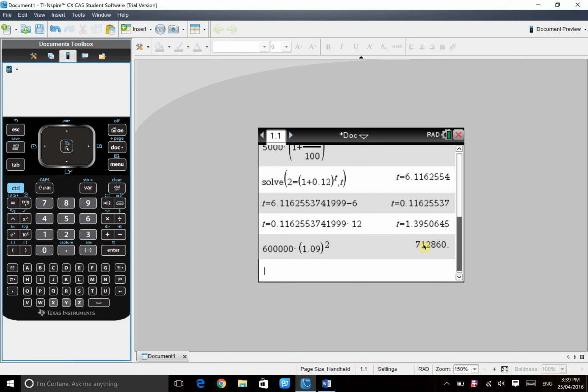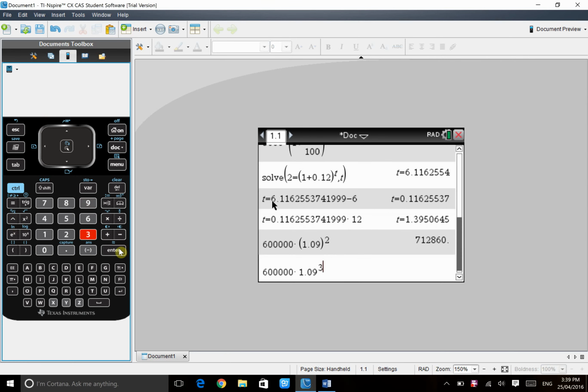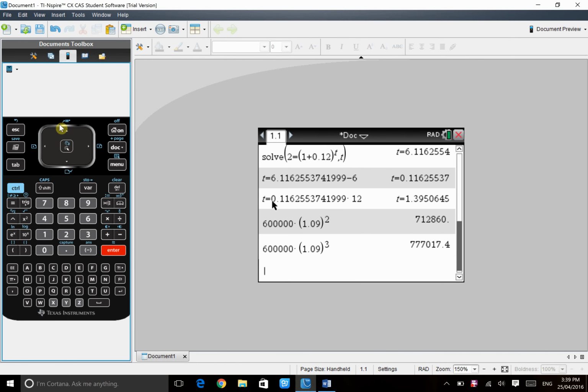So it's still far away from 900,000. But I don't want to type formulas every time. Say, I will try after 3 years. So after 3 years, it's still 700 something.